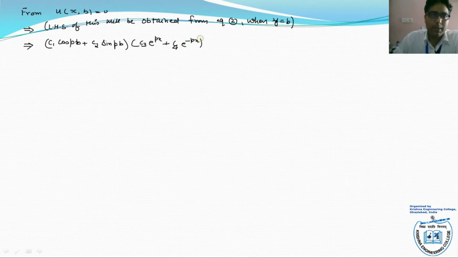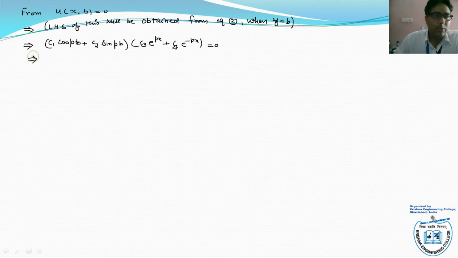So put y is equal to b in equation second, then equation second becomes (c1 cos pb plus c2 sin pb) into (c3 e to the power px plus c4 e to the power minus px) is equal to 0.